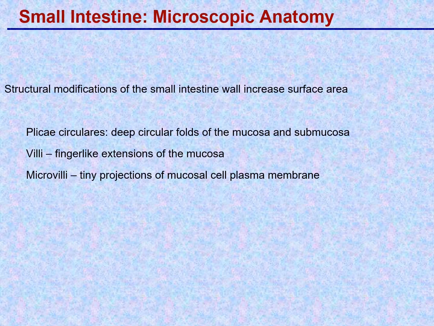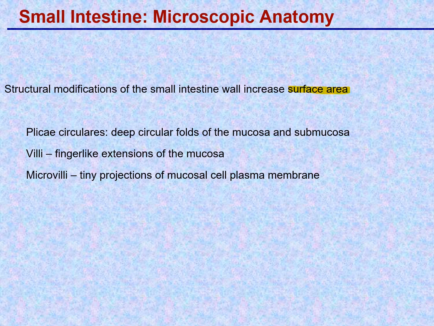In terms of microscopic, smaller level anatomy, or well, not macro, but at a closer level, there are a lot of modifications of the wall of the small intestine, all of which act to increase the surface area, because the small intestine is not only a site for hydrolytic enzyme activity and breakdown of chyme coming from the stomach, where the material which was food gets broken down, but it also is where a lot of the absorption occurs of individual building blocks that have been produced from those proteins, carbohydrates, lipids, and nucleic acids.